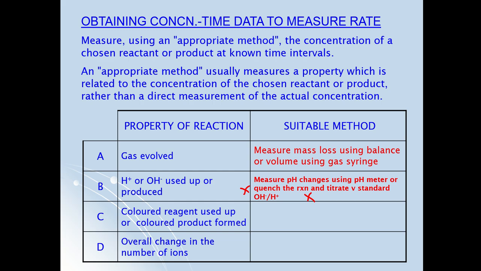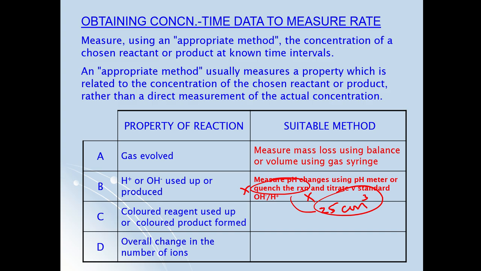Okay? And when you've done that, what you then do is you take an aliquot out of that quenched reaction mixture. Now, an aliquot is just a fixed volume. Usually, we would take 25 cubic centimetres, and you would titrate that against a standard solution of sodium hydroxide or maybe hydrochloric acid.